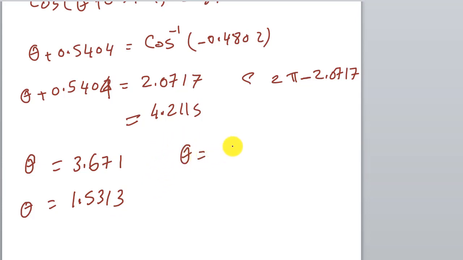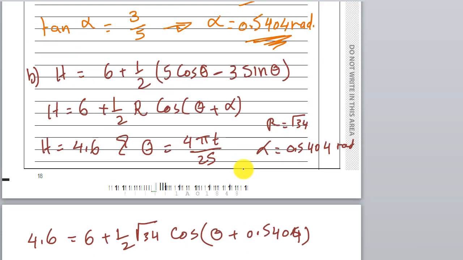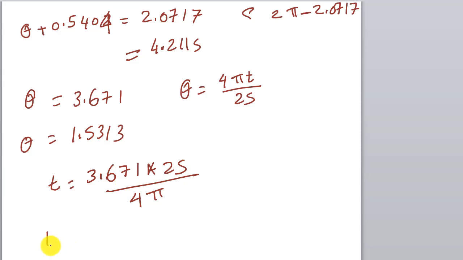Theta again equal to 4 pi t divided by 25. So now t equal to 3.671 multiplied by 25 divided by 4 pi, and t equal to 1.5313 multiplied by 25 divided by 4 pi.